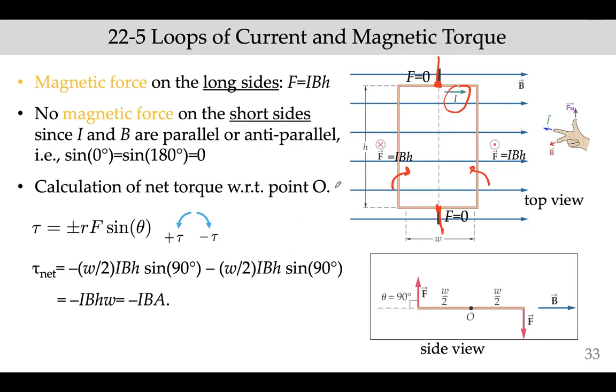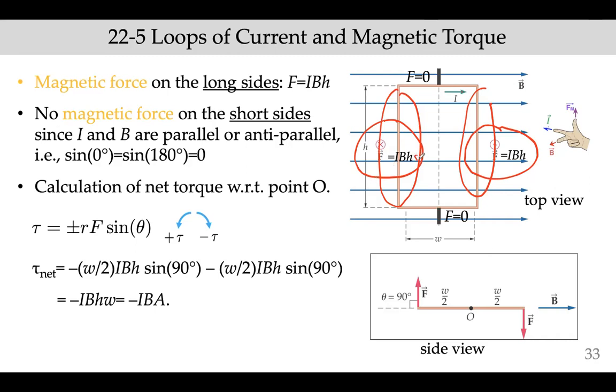And let's also say there is a magnetic field. In this region, the magnetic field is into the page. In this region, it's out of the page. Now, for this part of the wire and for this part of the wire, the current direction and the magnetic field direction are 90 degrees.